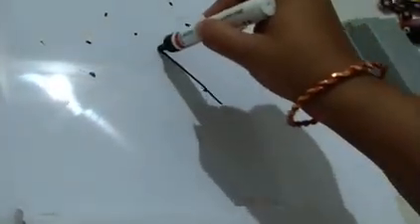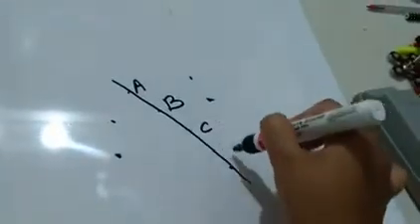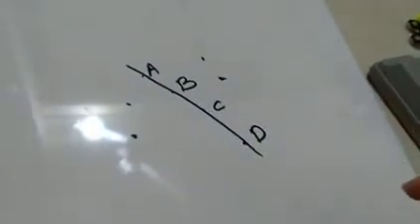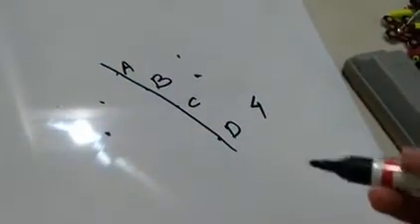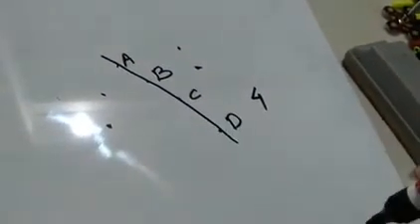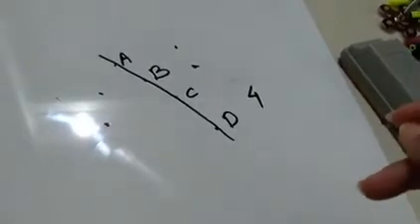Let's try this one. I will give names to the points so they are identifiable: A, B, C, D. For the points A, B, C, D, the number of points is 4, and we are able to draw a single straight line passing through all of these points.